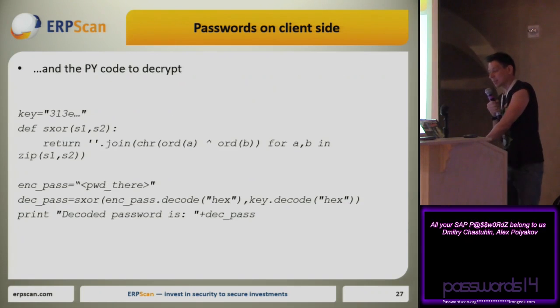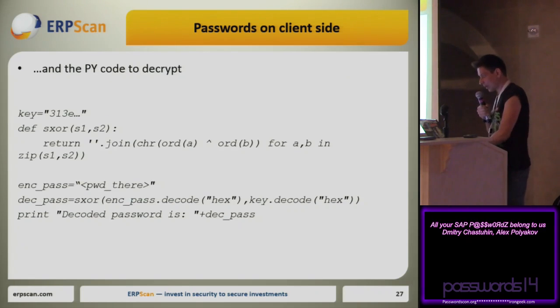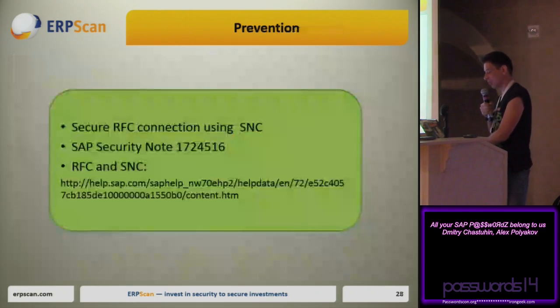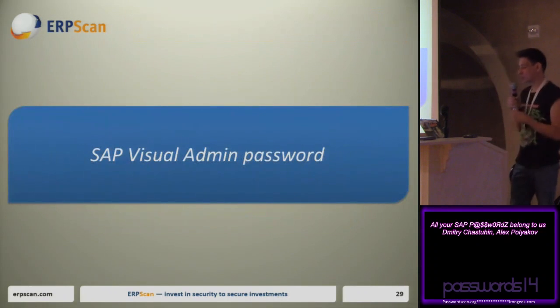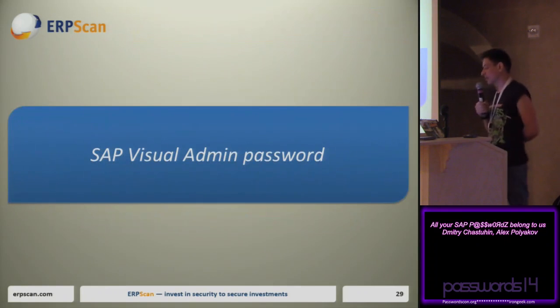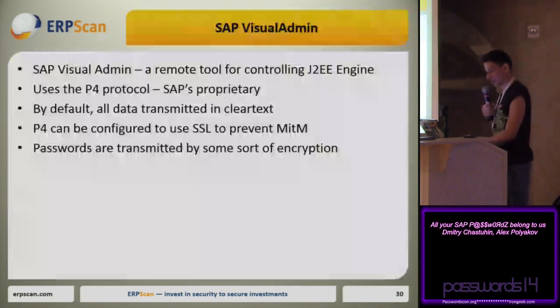So if you intercept an RFC request with encrypted passwords, you can easily decrypt them. For a secure system, just use SNC.